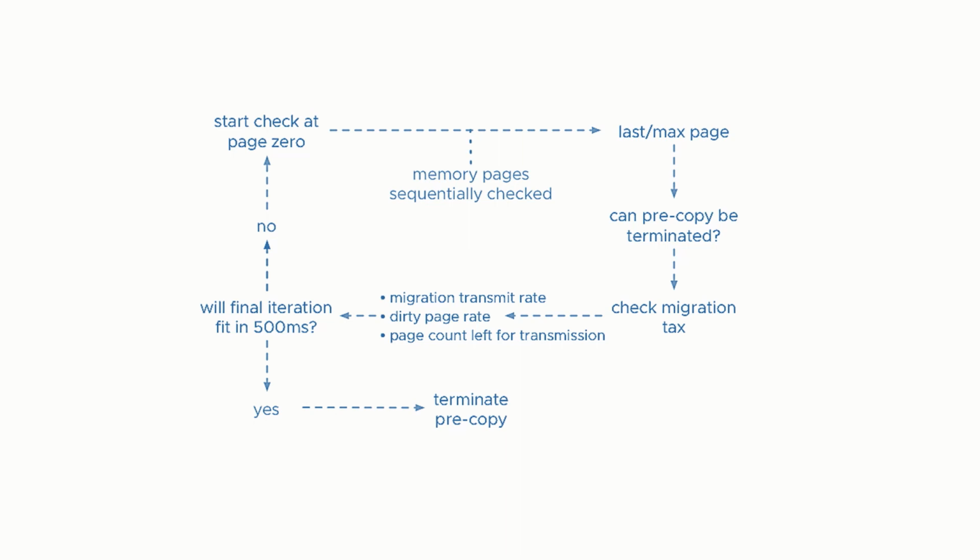Subsequent iterations only copy the dirty memory pages that were modified during the previous iteration. A shorter duration in iteration gives the guest OS less opportunity to modify or dirty its memory pages, thereby shortening the next pre-copy iteration.